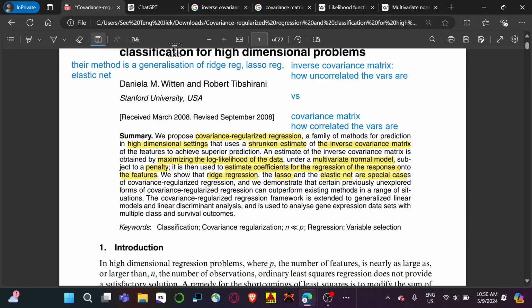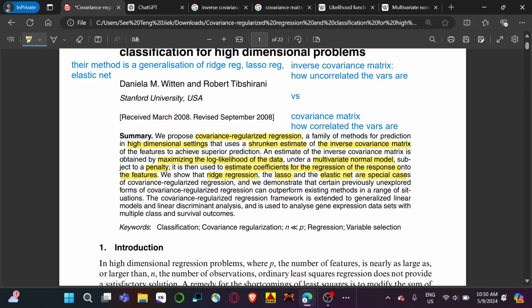So it's a generalization of existing approaches in regression, and they demonstrate that certain previously unexplored forms of covariance-regularized regression can outperform existing methods in a range of situations.